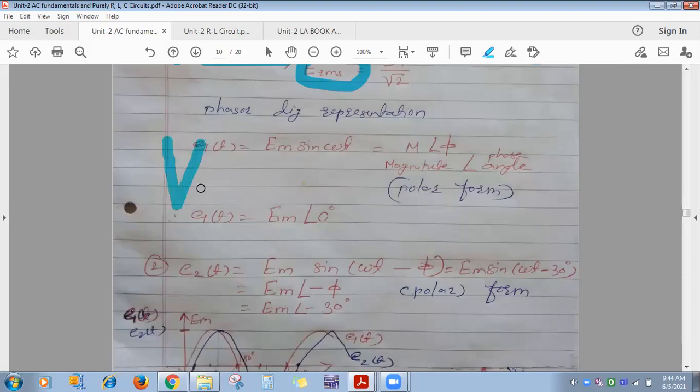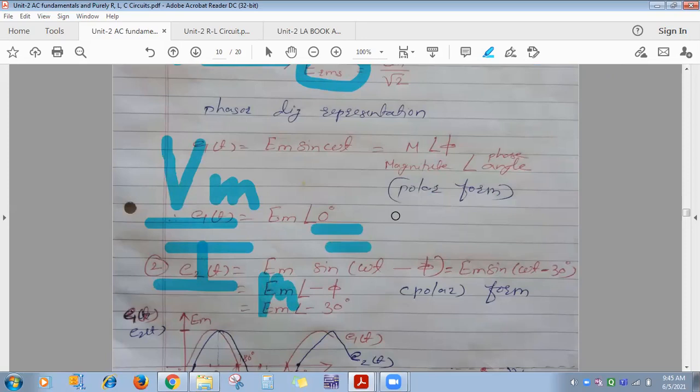Because see, V by I is what? Ohm's law, all of you know, V by I is R. Suppose I take Vm by Im, I will get some value of R, isn't it? Or I calculate R by Vrms upon Irms.